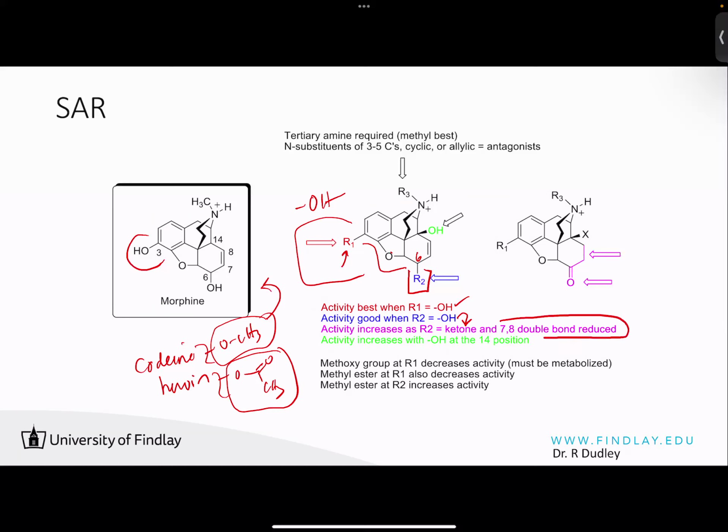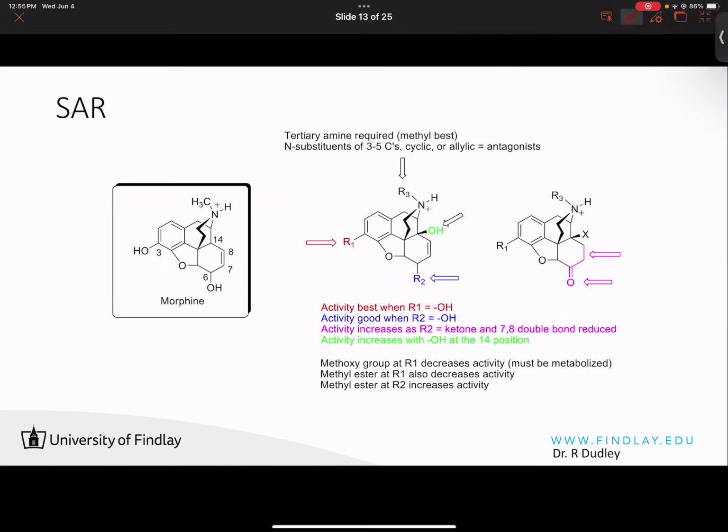Okay, so let's say that again. Activity at the R2 position is very good when it's an alcohol, but if you take it from an alcohol to the carbonyl group and you also reduce the double bond, you actually make a molecule that is almost 10 times as potent as morphine, right?